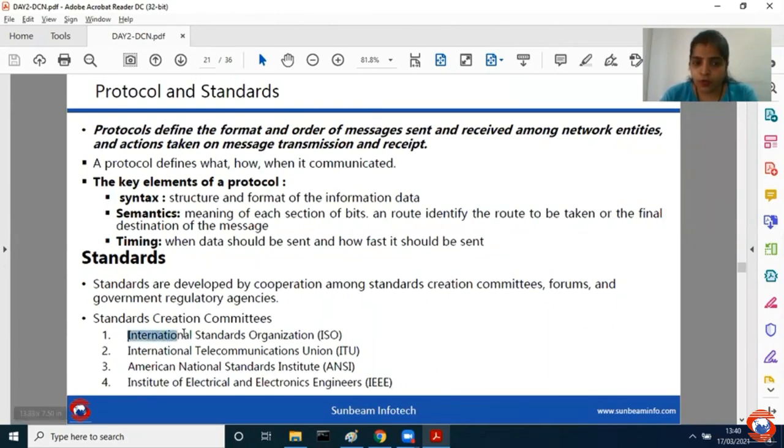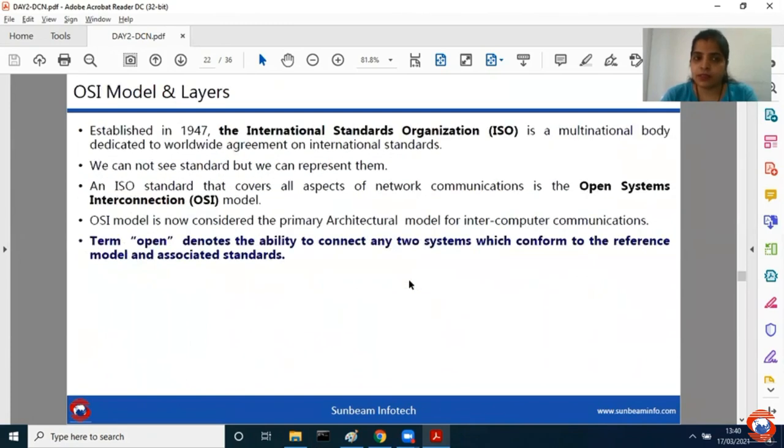Similarly, ISO is an International Standard Organization which has given us the standard for the network model, and that is called the OSI model. OSI stands for Open System Interconnection Model. The OSI model is basically used for network communication. Like liters, you know it is for liquid. When you say kilograms, it is for weight.